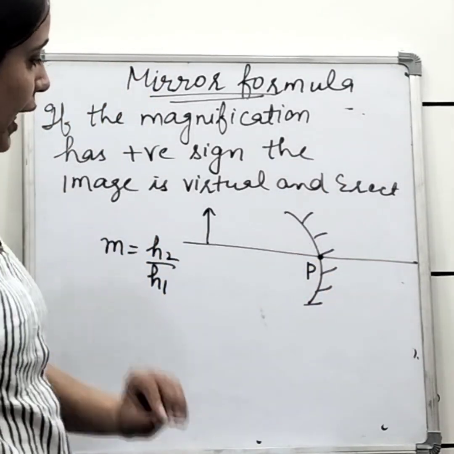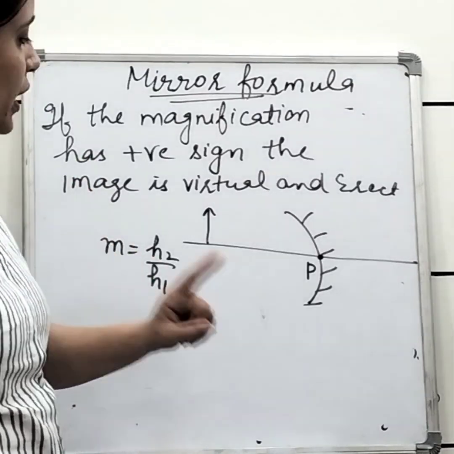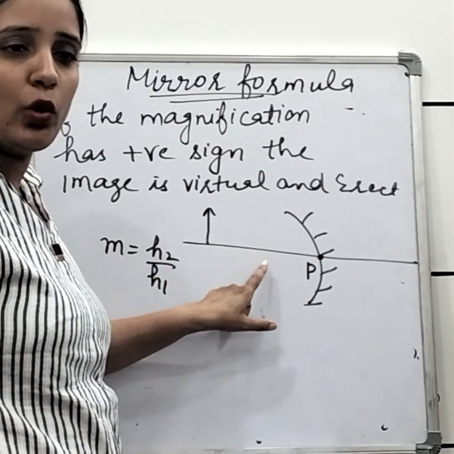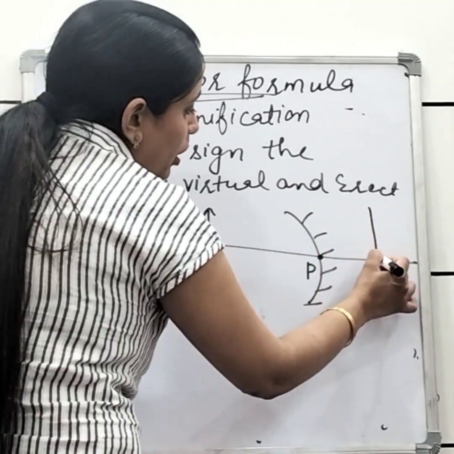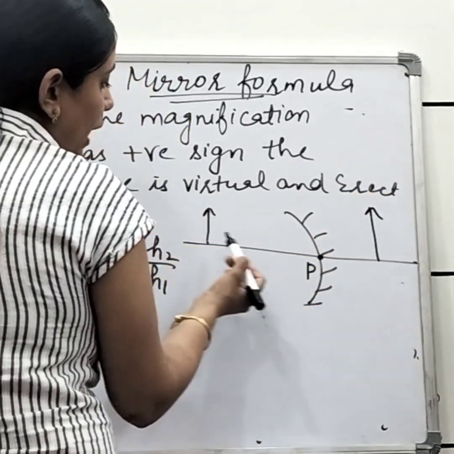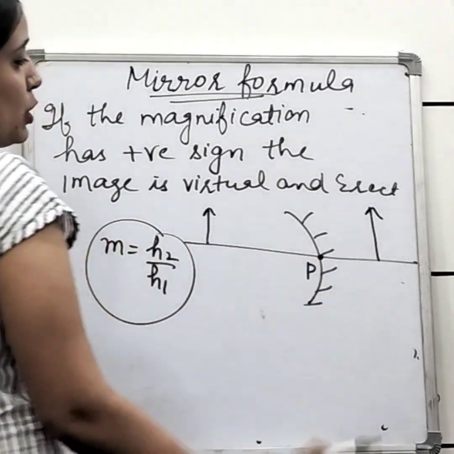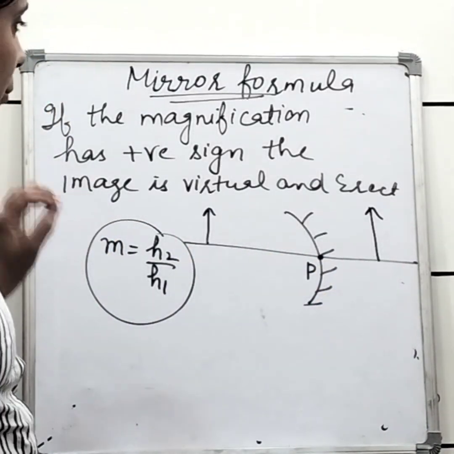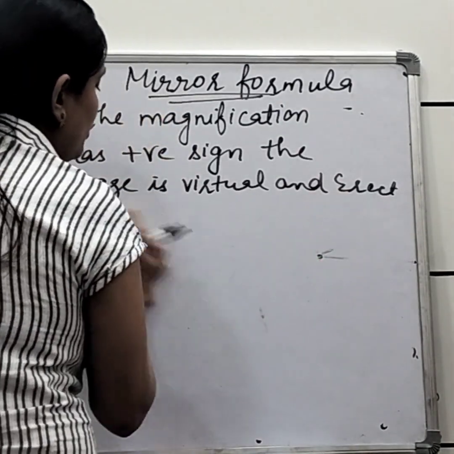And you all know that in case of the concave mirror, there is only one case, when the object is placed between pole and focus, then the image is virtual and it will be formed above the principal axis. So if H2 is positive and H1 is also positive, then we can say that the image formed is always virtual and erect.